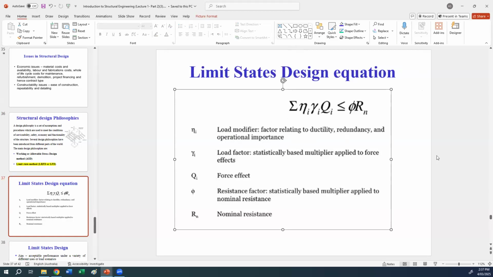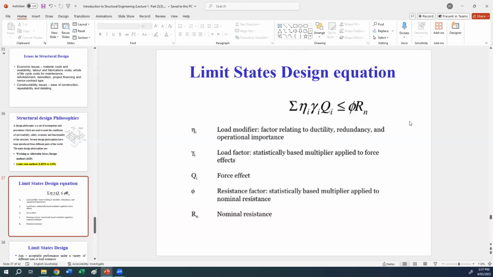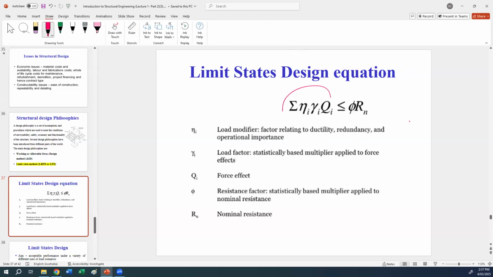This formula has two parts, a right-hand and a left-hand side, so we have two sides of the equation. The right-hand side of the equation is the capacity of the structure or the member.